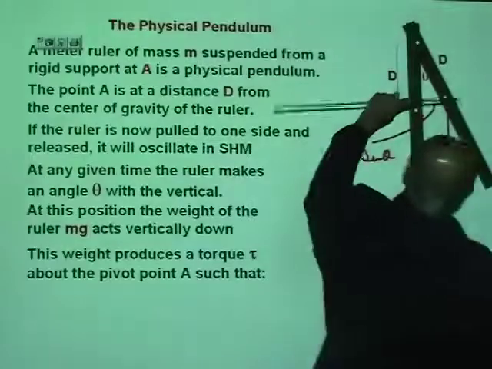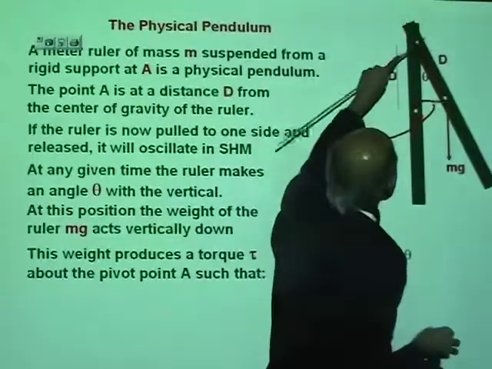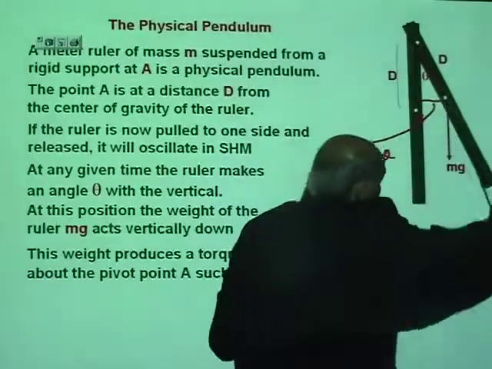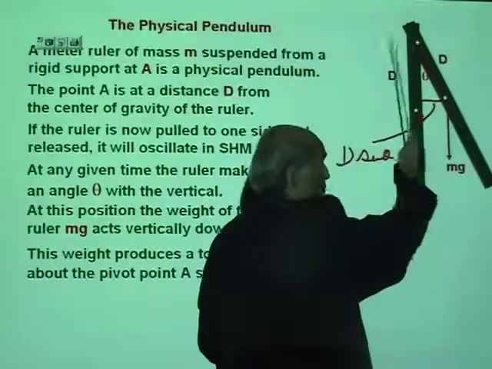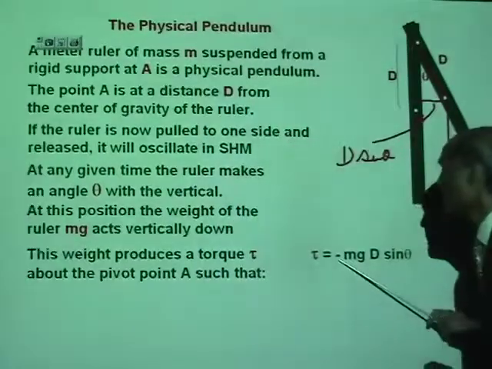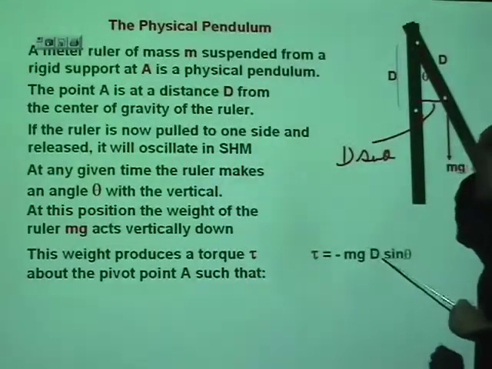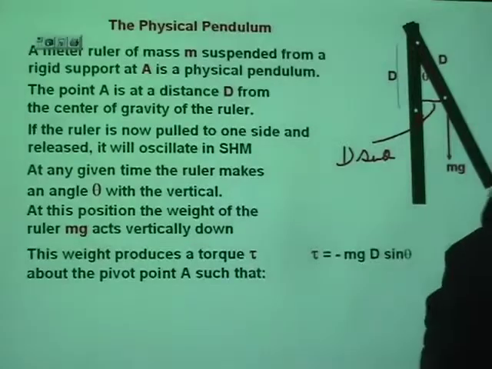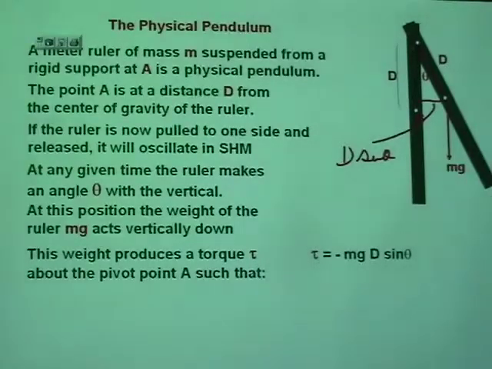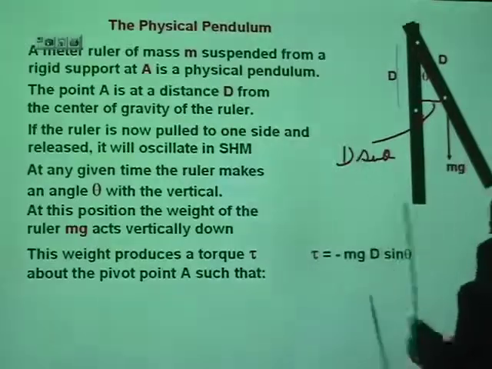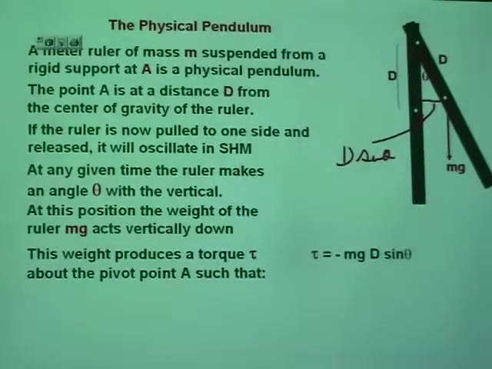You see, this distance, which is D sine theta, and this torque is a clockwise torque, which is negative. That's why we said tau equals negative mgD sine theta, and that is the torque produced to make the ruler rotate back.